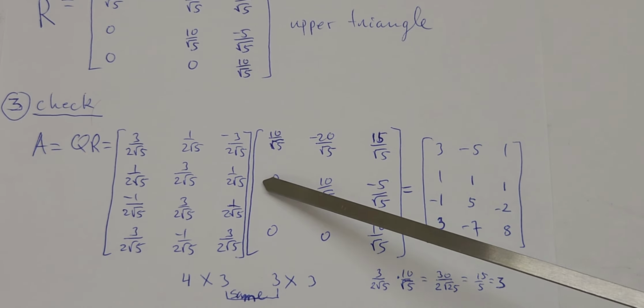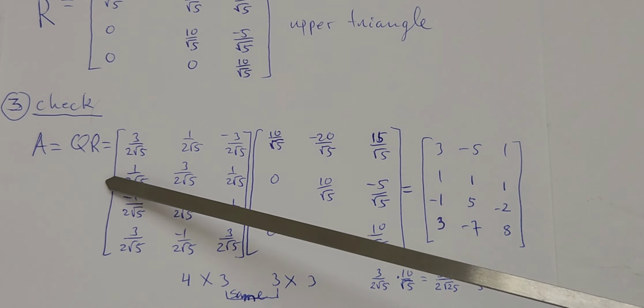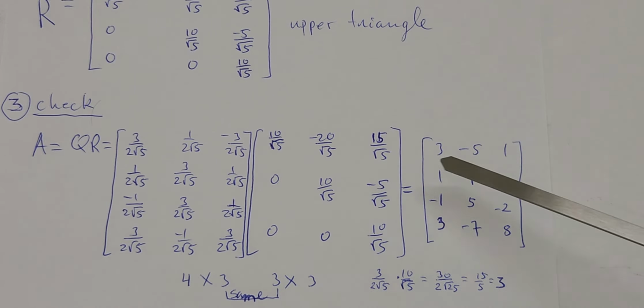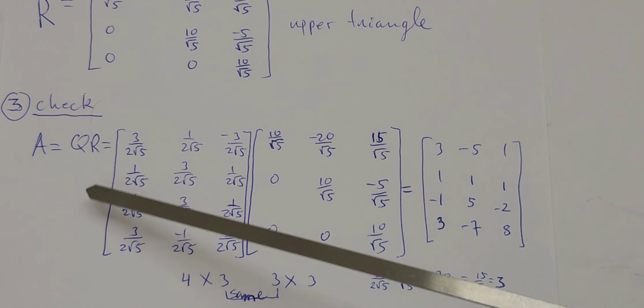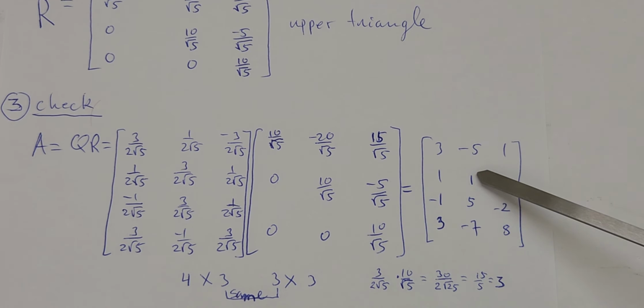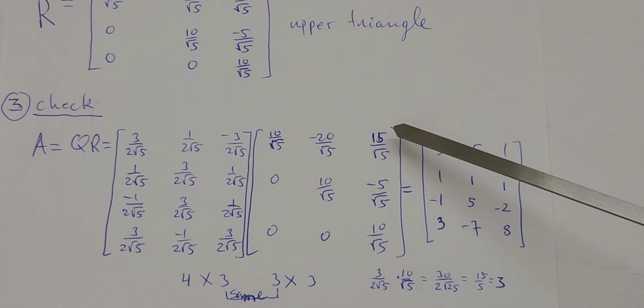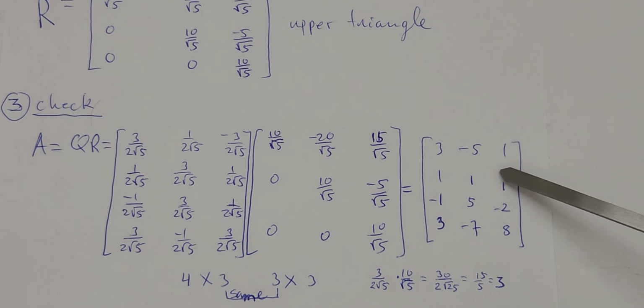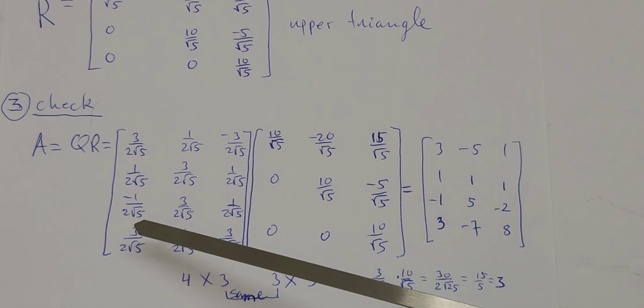So second row, first column will give me this 1. Second row, second column gives me this 1. Second row, third column gives me this 1, and so on.